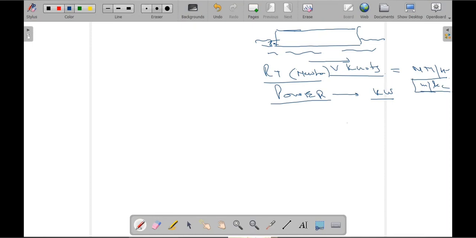All right. So as we go about these formulas, I will explain to you that most of the formulas we are using V as knots, but whenever I have to calculate power in that formula, we will have to convert that speed from knots to meters per second, because power is nothing but rate of doing work.